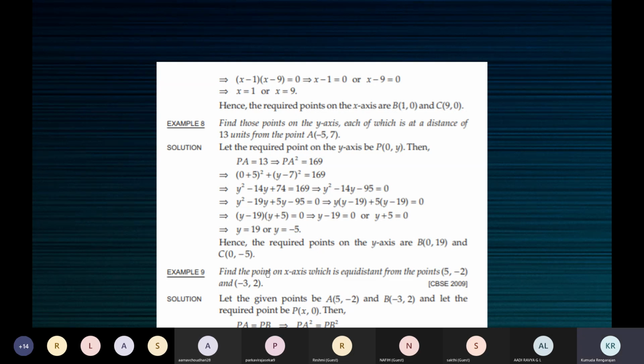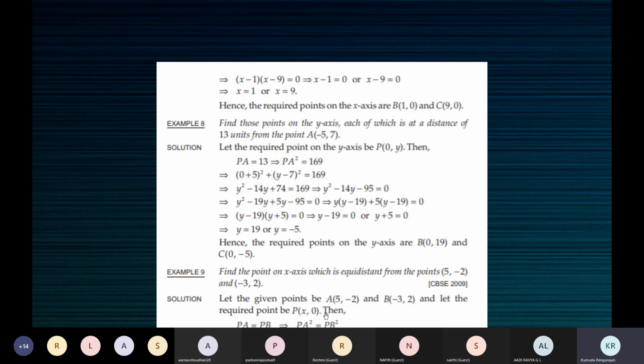Find the point on the x-axis that is equidistant from A and B. The distance from P to A is the same as the distance from P to B. So PA is equal to PB and P is given by (x, 0) because it lies on the x-axis.